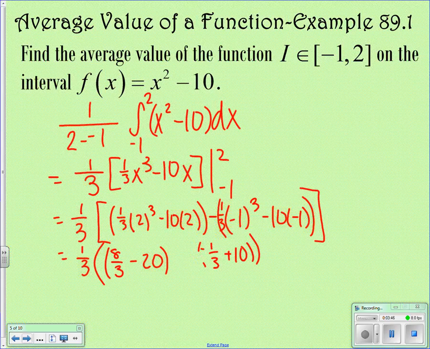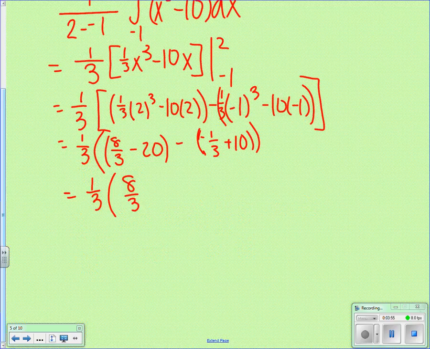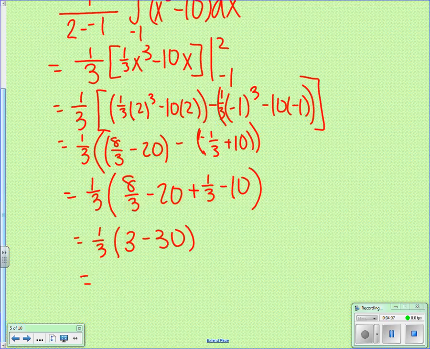So now we can say 1/3 times 8 minus 20 plus 1 minus 10, which is 8/3 minus 20 plus 1/3 minus 10. So 8/3 plus 1/3 is 9/3, which is 3, minus 30. So 3 minus 30 is -27 times a third would be -9. So the average value for our function is -9. And that's how you use that function.